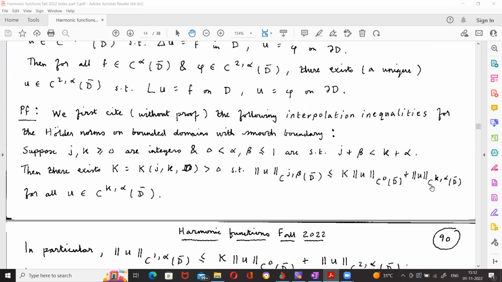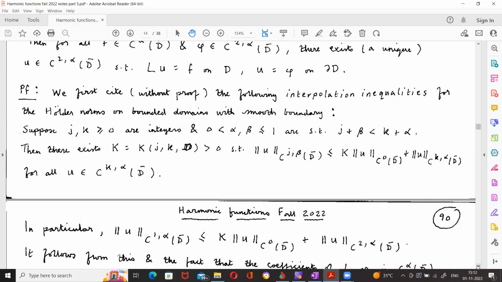If this norm is finite, then this norm is also finite. The higher exponent is included in the lower one, which makes sense intuitively, because the higher the exponent, the more control we have. You have control on more derivatives.